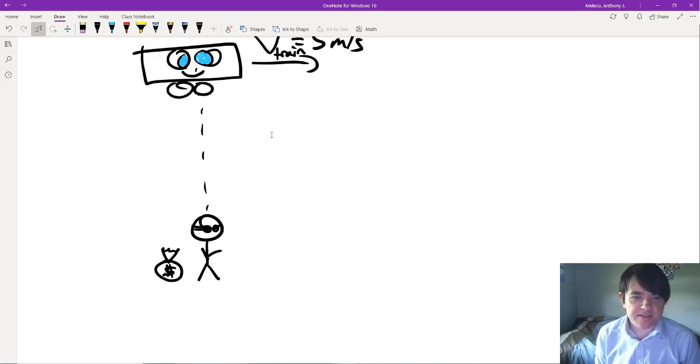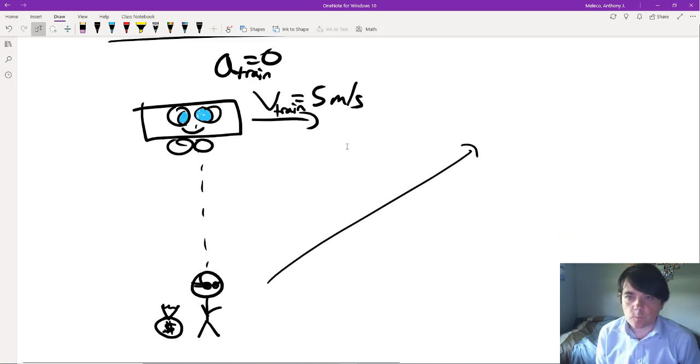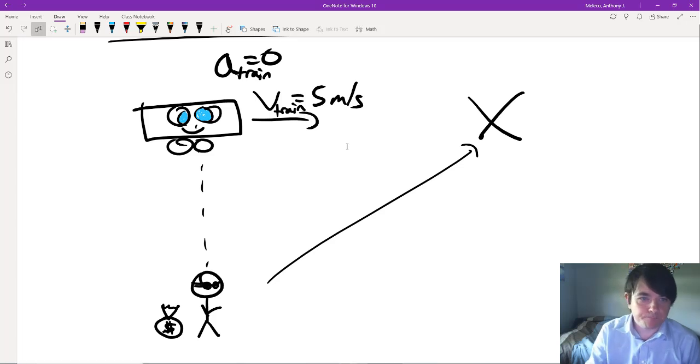Okay, so just as it passes by him, he starts accelerating. So he's going to be moving in this direction to catch up. And we want to know how much distance was covered, how long does it take him? So this is where they're going to collide. That's where he's going to hop on.